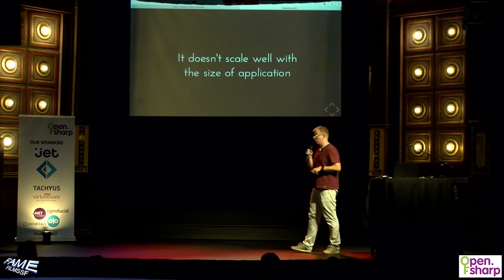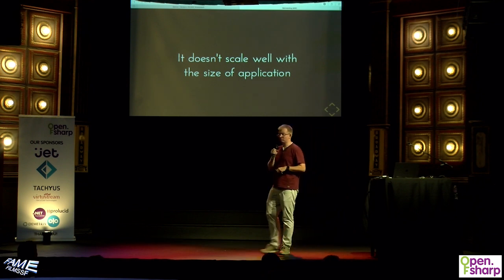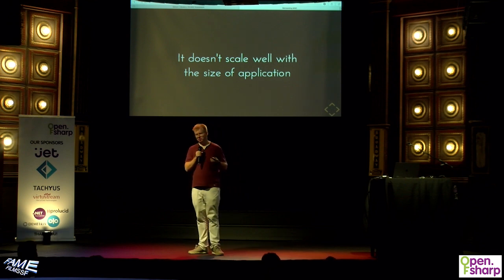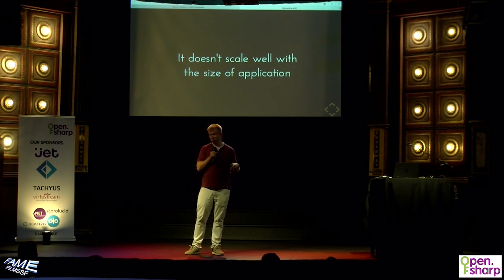This model doesn't scale very well with the size of the application. Let's imagine a typical REST-ish controller. A typical REST-ish controller has what, six different operations like patch, put, post, on ID, whatever. There are a couple of those. Get on slash, get on ID. So imagine something like that. That's a big chunk of code.